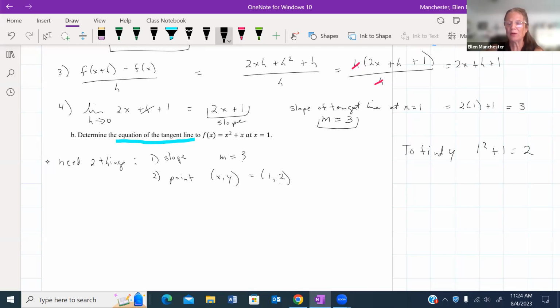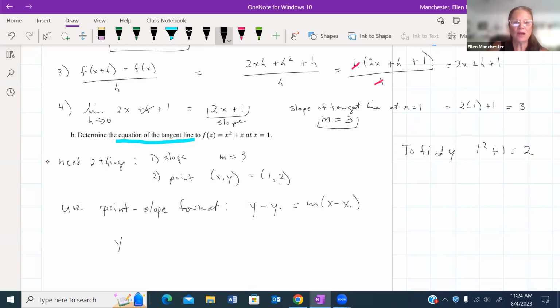Okay, so you need those 2 things. We have the slope, now we have a point, and now you're going to use the point-slope format to find the equation of the line, which was y minus y1. Do you remember this from the review section? If you don't, go back to the review section and go over getting the equation of a line.